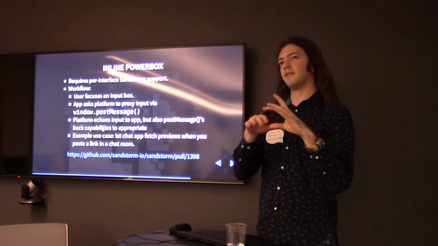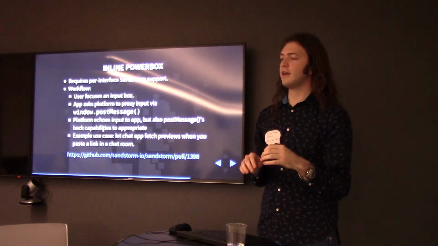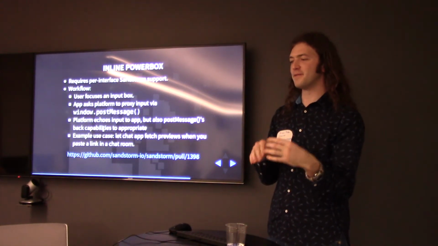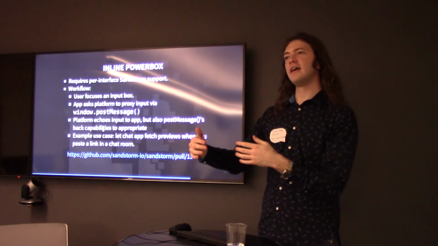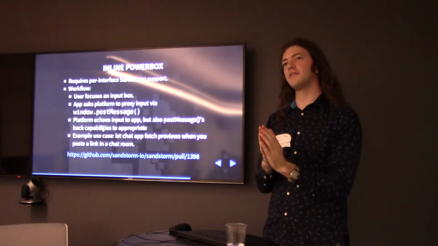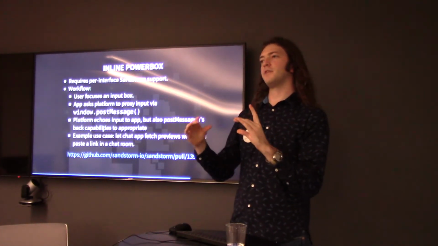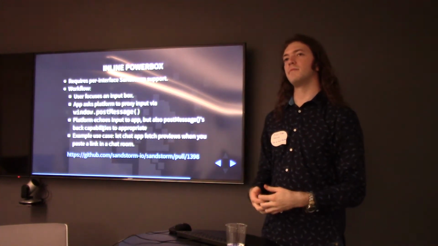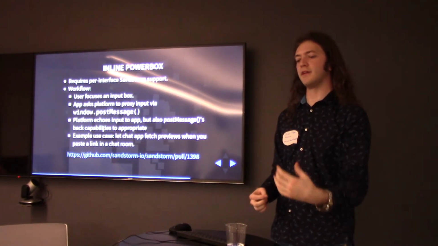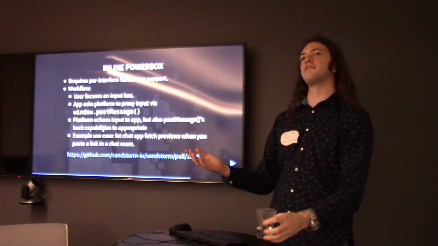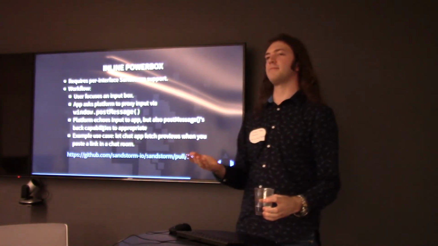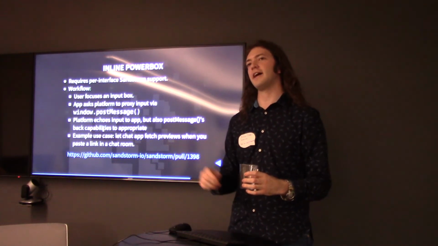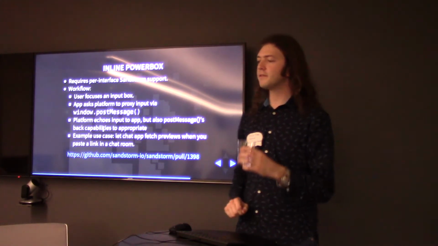The user types in keys, and the platform echoes these keystrokes back to the app over post message as well. But if you happen to enter something that matches one of these patterns that we can convert into a capability, a permission to access that server that you typed the link to, for instance, then we will also post message back that capability handle.